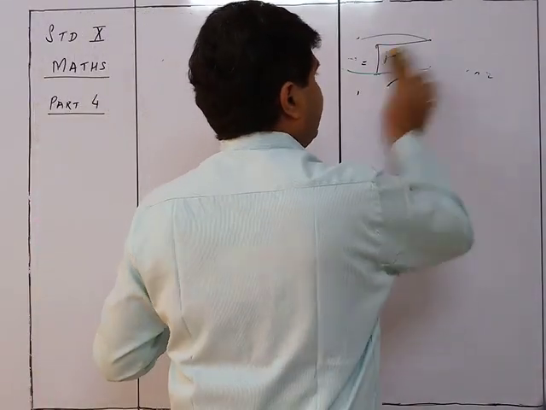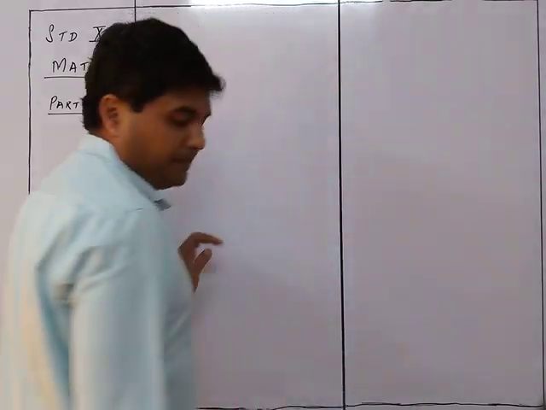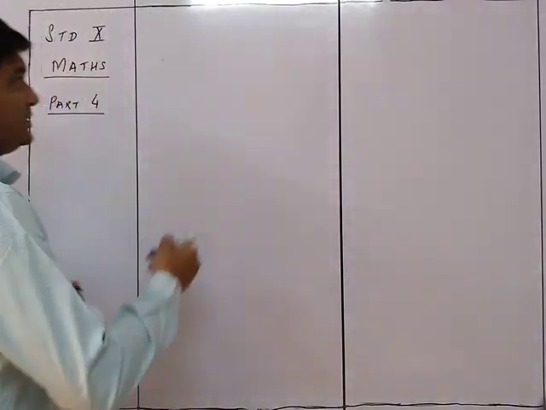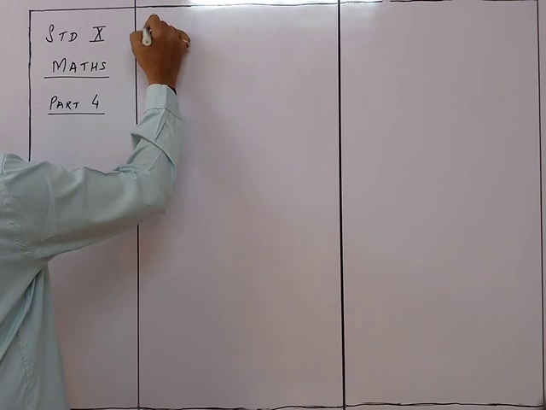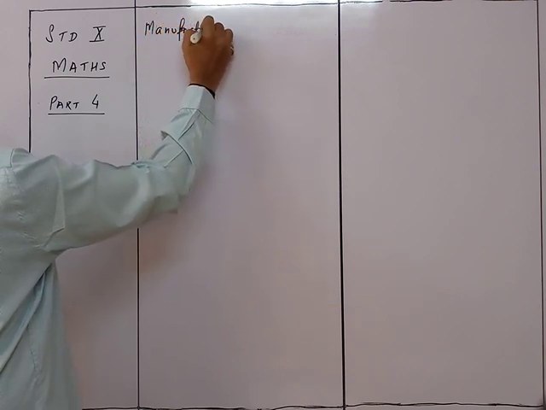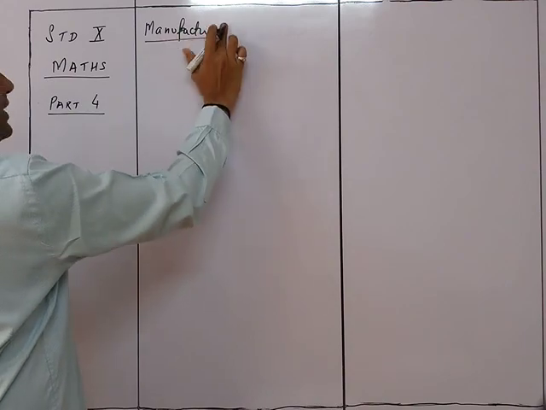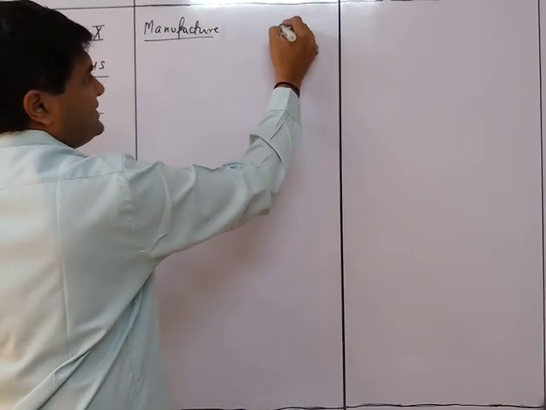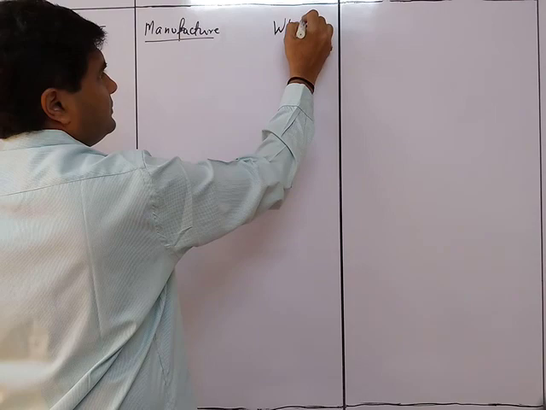Okay, what we see is, let's consider the complete story now. So let's see this, that there is one manufacturer. The manufacturer is going to manufacture something and he sells it to the wholesaler.